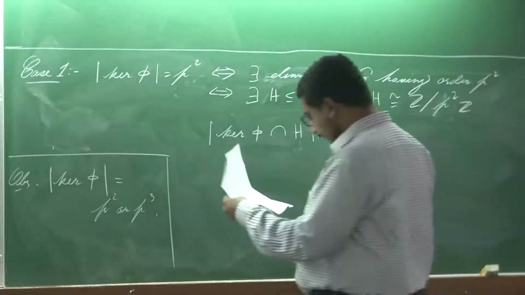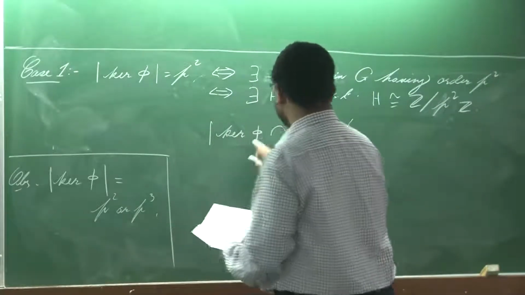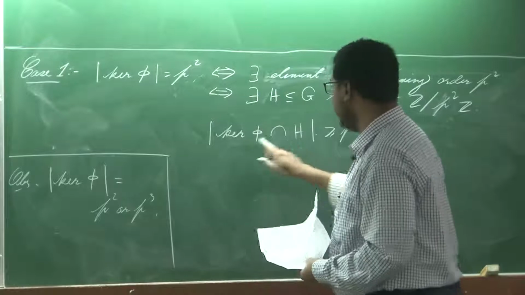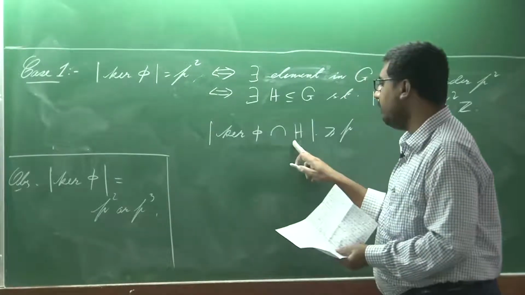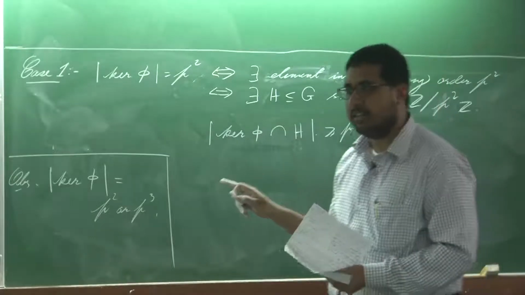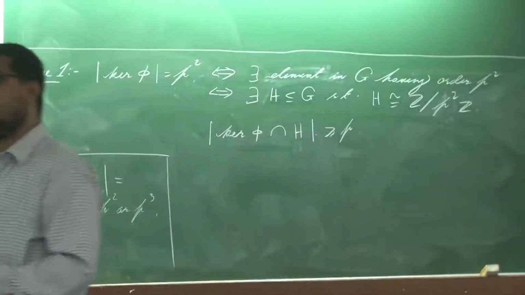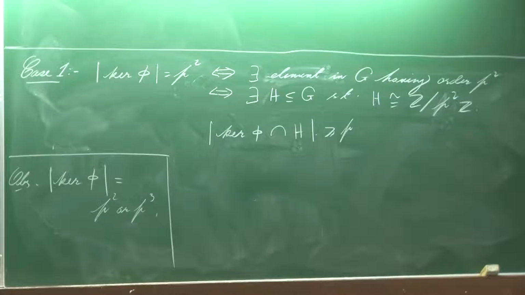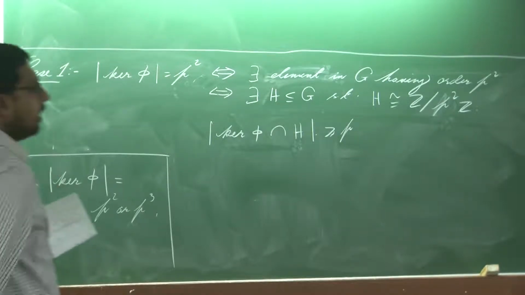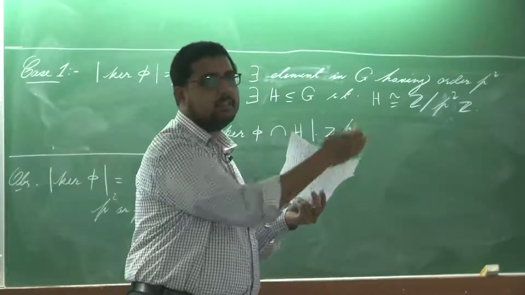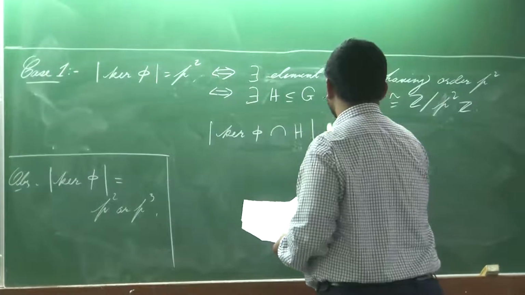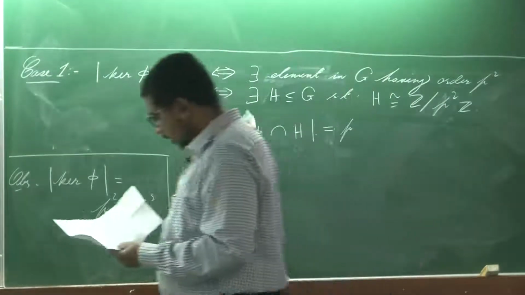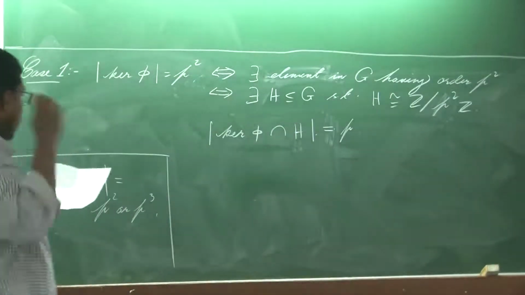In fact it will be exactly p, because if they are equal, since both have order p square, the kernel will be a cyclic group of order p square, hence the kernel will admit an element of order p square. But certainly the kernel cannot do that, because every element in the kernel, if raised to the power p, becomes identity. So the order will be exactly p. Okay, I hope the point is now clear.